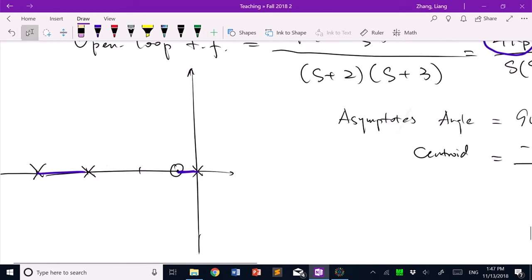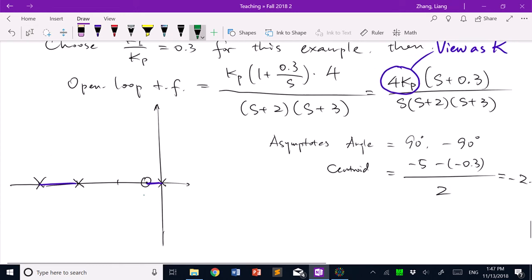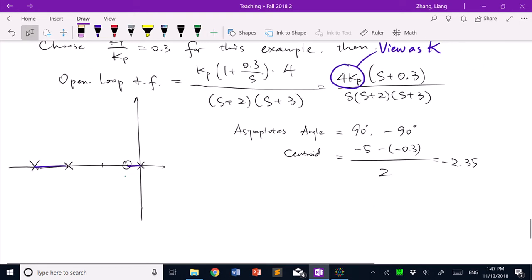But if you add this new zero at negative 0.3 here, although the asymptotes still have the same angle, the centroid got shifted towards the origin from negative 2.5 to negative 2.35. So you're actually looking at the asymptote closer to this, closer to that.